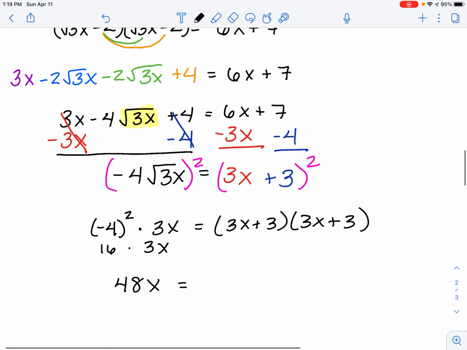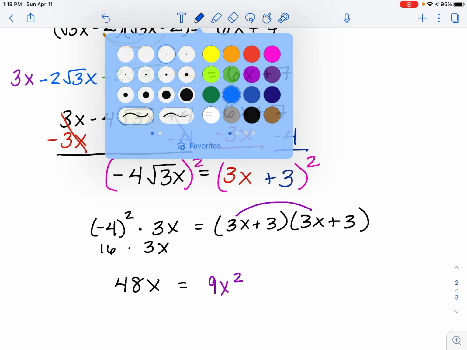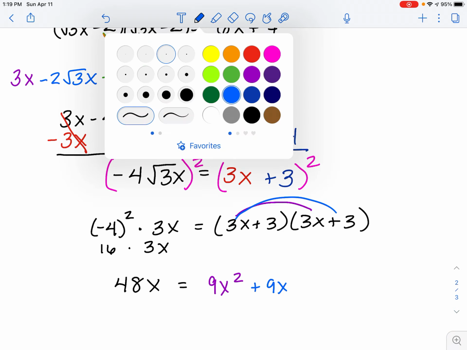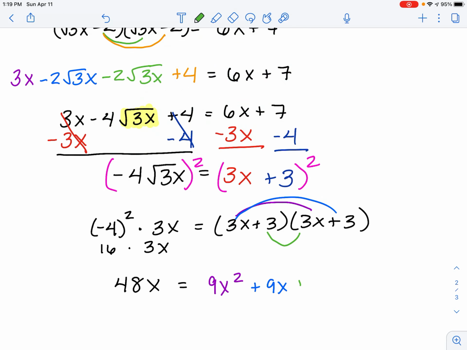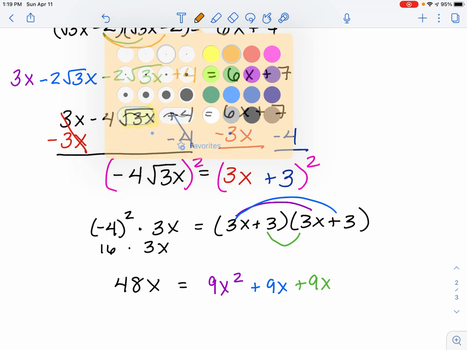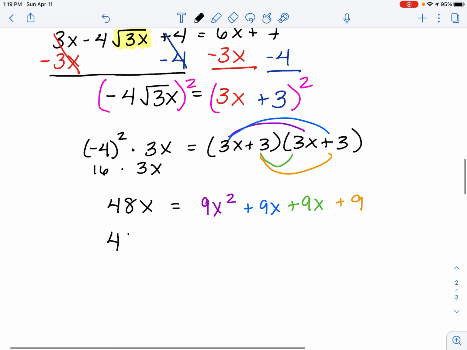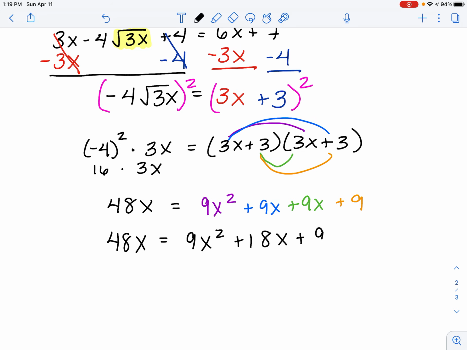Now if I FOIL on my other side, 3x times 3x is 9x squared. 3x times 3 is 9x. 3 times 3x is another 9x. And then 3 times 3 is 9. So I have 48x equals 9x squared plus 18x plus 9.